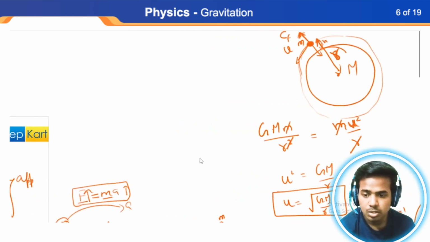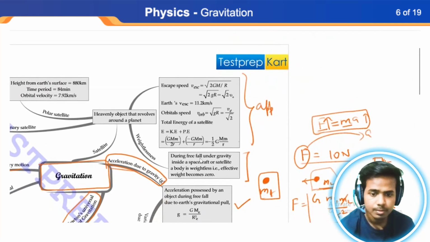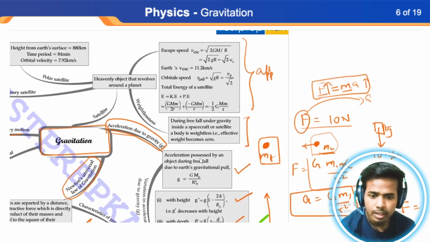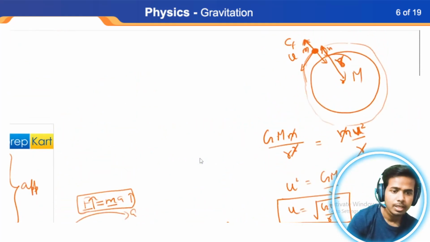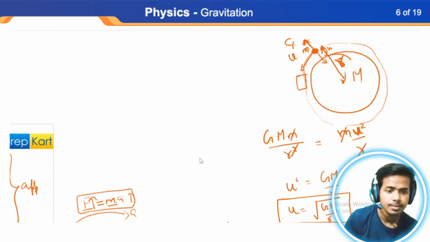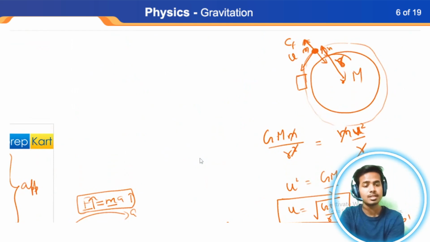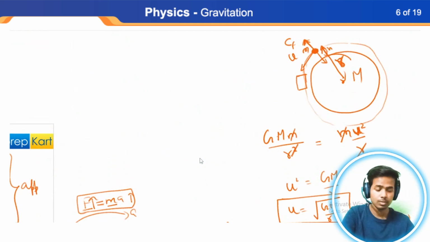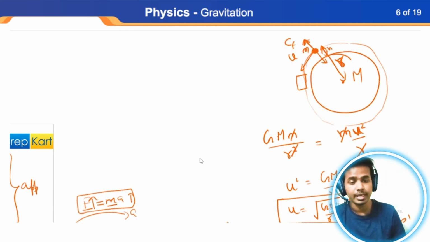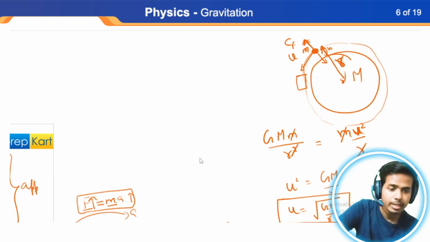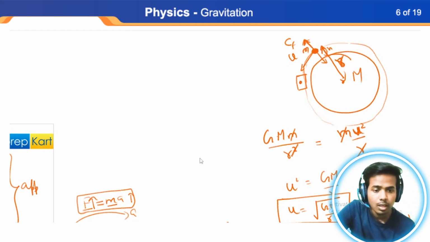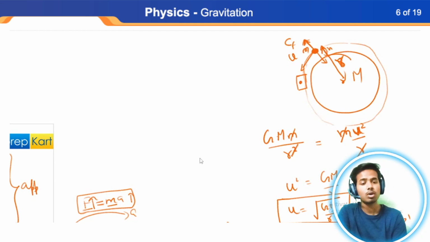Okay. So this was the satellite, and we can also take up one example: let's say you have the International Space Station, in which astronauts go and stay for scientific experiments and all. Let's say there's this person inside the International Space Station. What will be the effective gravitational force acting on it?